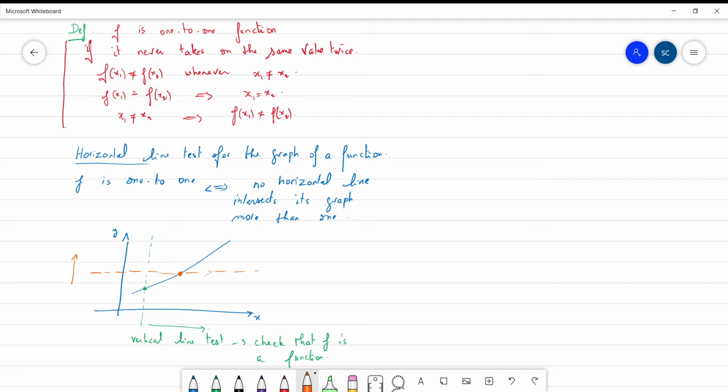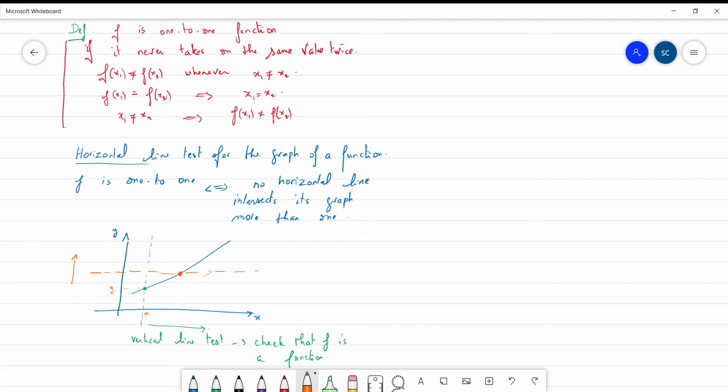Then if both are satisfied, for each x we have only one y as an image, and that makes my function a one-to-one function.